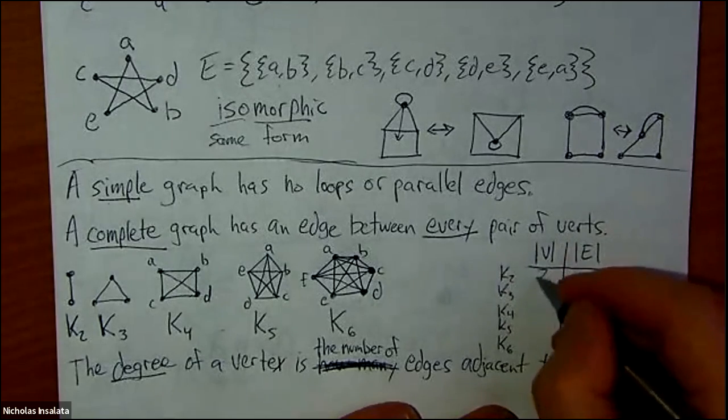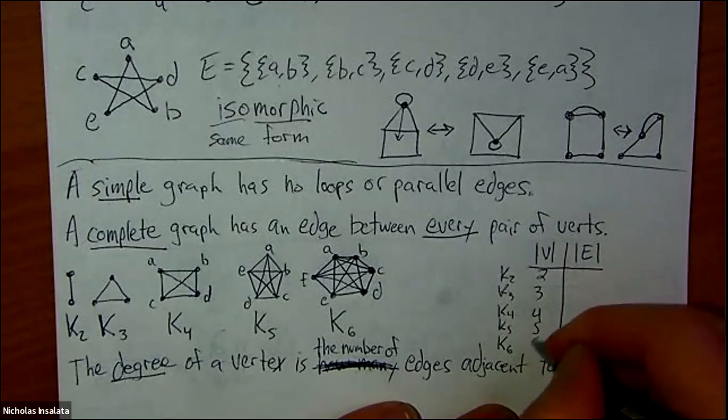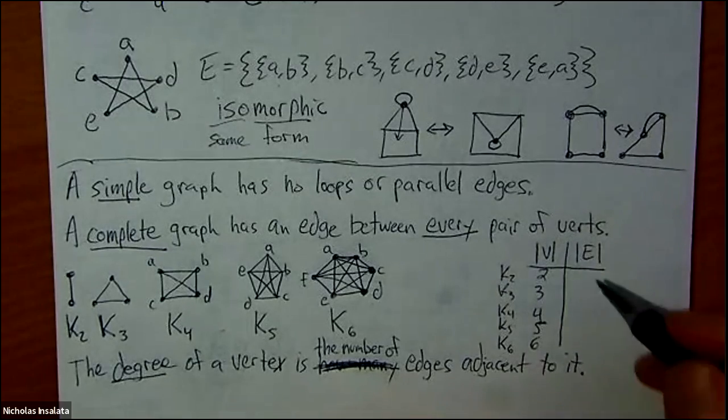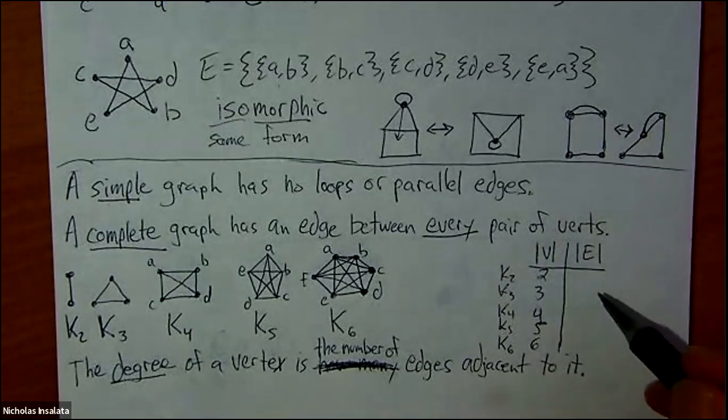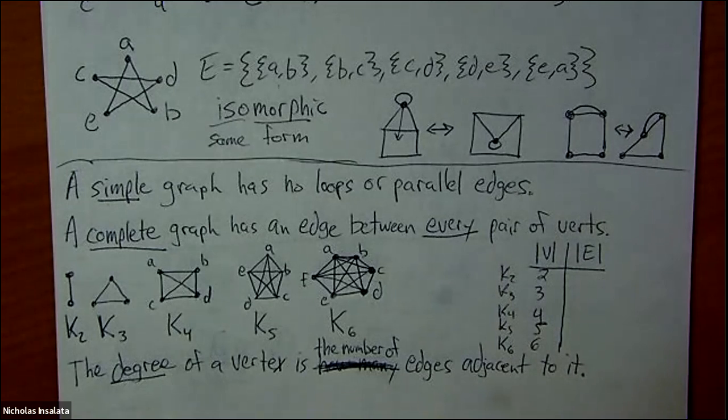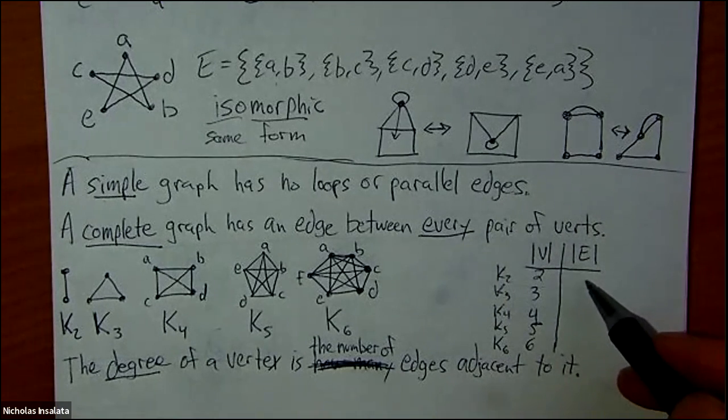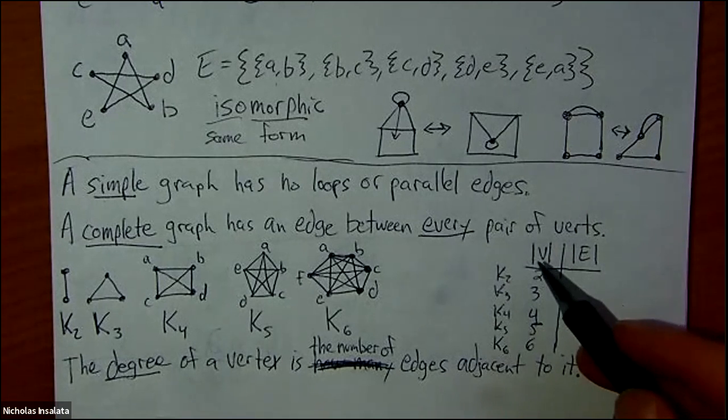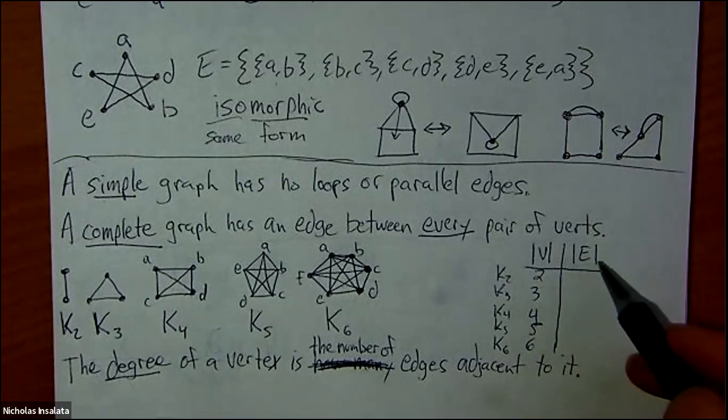Well, of course, this will have 2, 3, 4, 5, and 6 vertices, respectively. How many edges are they going to have? Well, we can sort of fill it in. What do we start with? This, by the way, is the size of the vertex set and the size of the edge set. These are like absolute values, right?